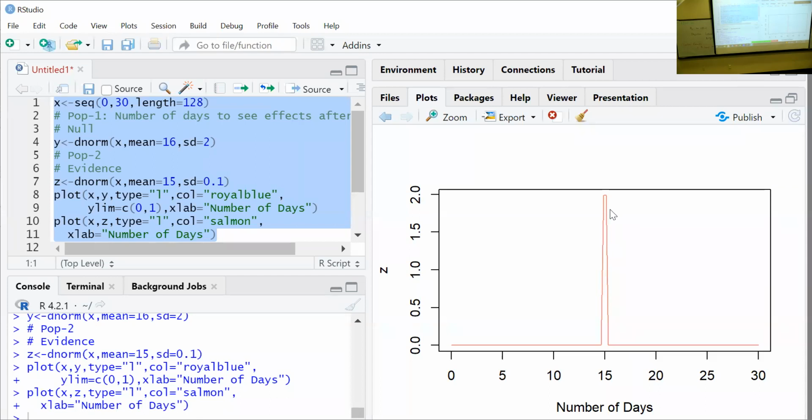Very narrow at 15. Good. Now, if I asked you, well, could I say that the number of days to see effects of therapy is less than 16? So we reject the null. Would you agree or disagree by looking at this?